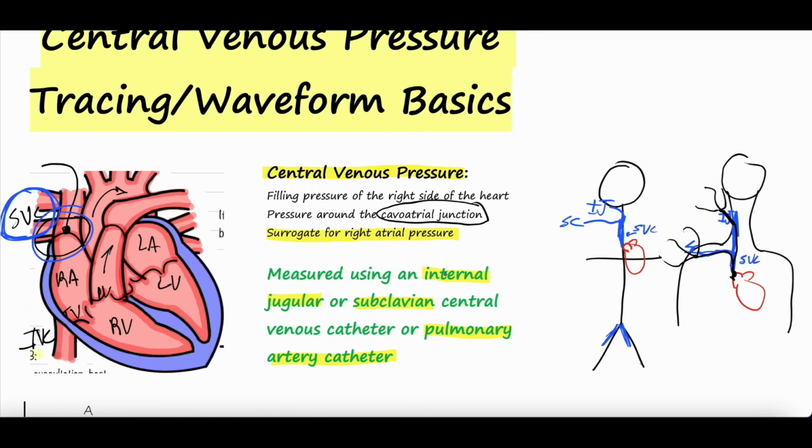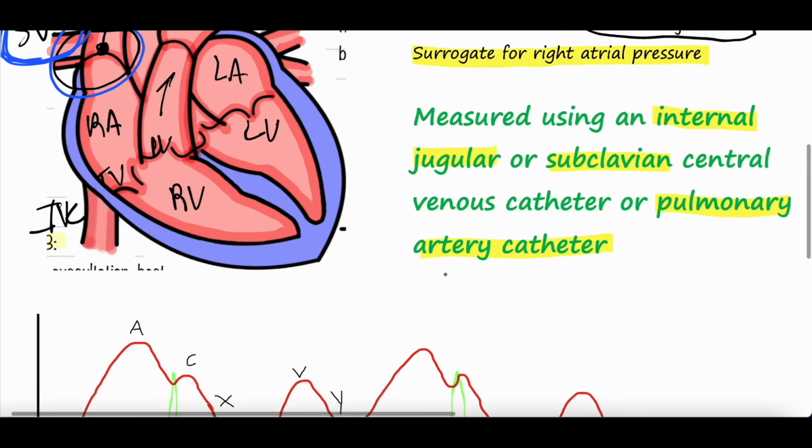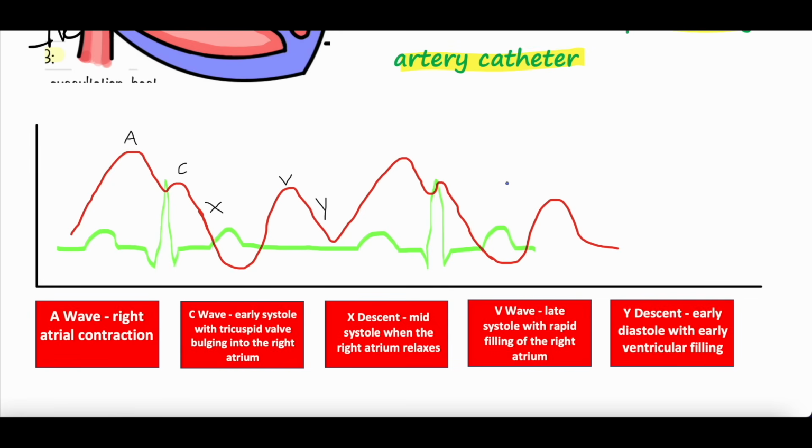One of the benefits of CVP is the waveform tracing, because it can tell you about what might be going on. But to do that, you have to understand what a normal central venous pressure tracing is. Remember, we said that this catheter that we're measuring the CVP off of sits right at that cavo-atrial junction, or where the superior vena cava meets the right atria.